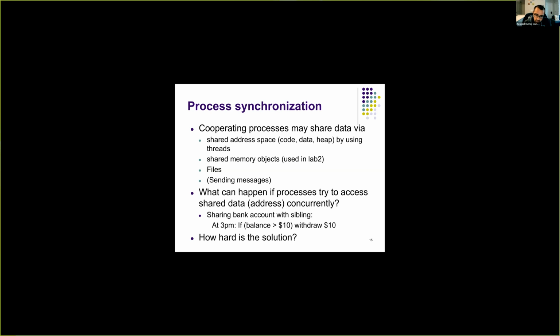And let's ask ourselves a question: what happens if multiple processes try to access shared data at the same time, concurrently? Imagine there are processes run by two siblings, and at 3 p.m., let's say a program kicks in and checks if the balance is greater than 10, then you withdraw $10.